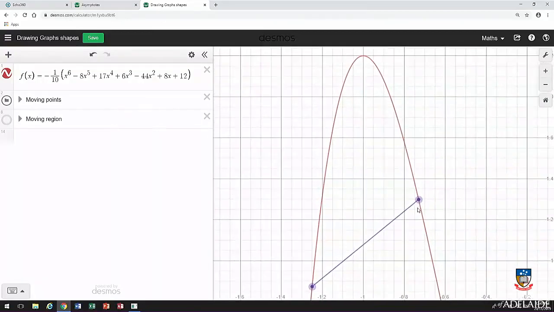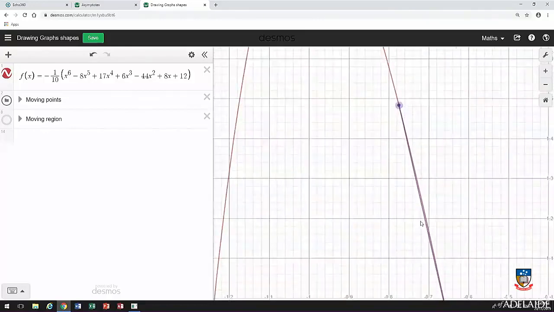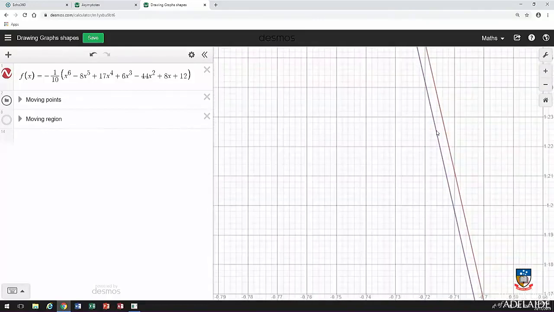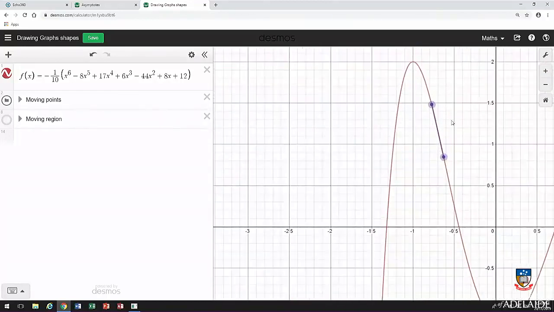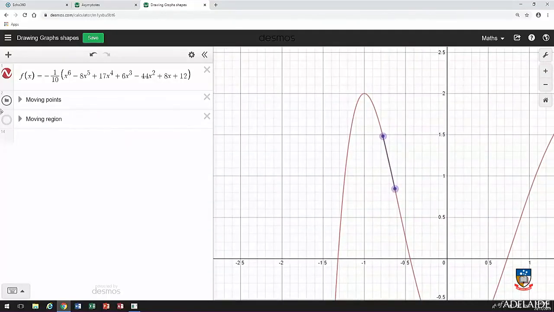Then no matter where I move this line, it always is below the graph. Even over here, when it's very close to the graph, if I zoom in far enough, I can see actually it is below. So it's still the same deal.